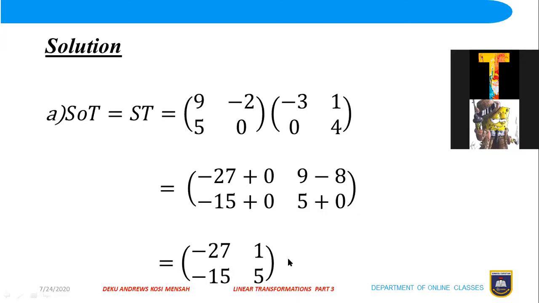This is the solution to the first problem. ST, that is the matrix S multiplying the matrix T, or the matrix T followed by the matrix S.